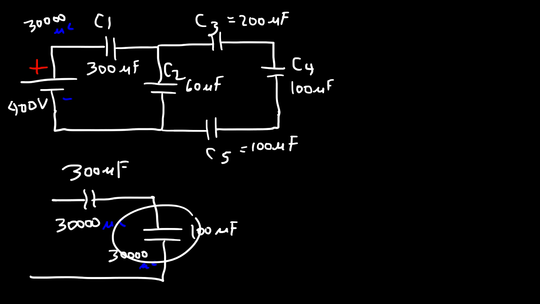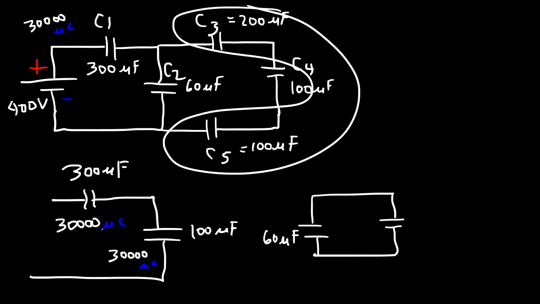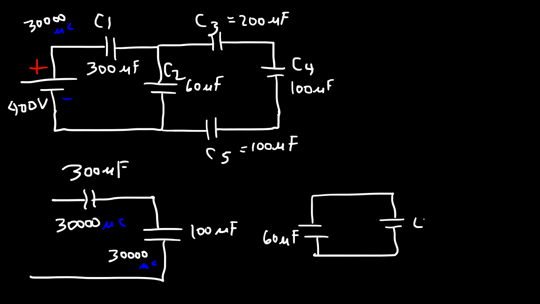Now let's focus on this network. This capacitor can be broken down into two capacitors, one of which was 60, and the other is the equivalent of these three capacitors, which we know was 40. Because these two capacitors are in parallel with each other, the charges on these two capacitors must add to 30,000.